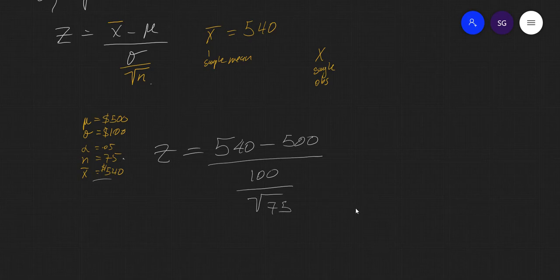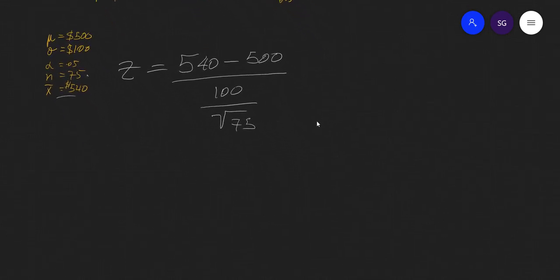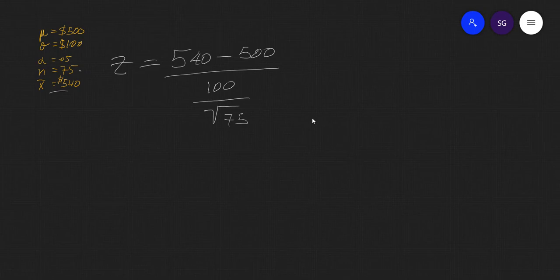So your Z stat, your step 8, should be something like this, and it's nothing more than plugging and playing. That's why this variable list is so critical. When you start at the beginning, write down your variables. I call it a variable cheat sheet. It's nothing more than a variable list, right? But if you have it written down when you start the question and you get to this more complicated step later, it becomes nothing more than plug and play.